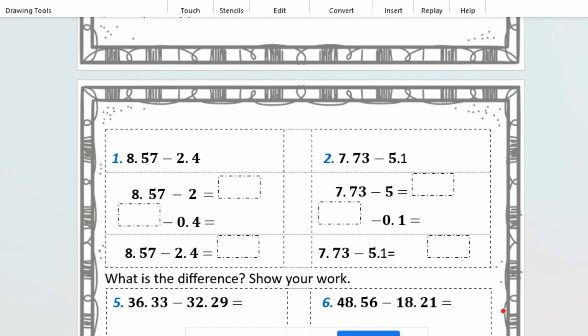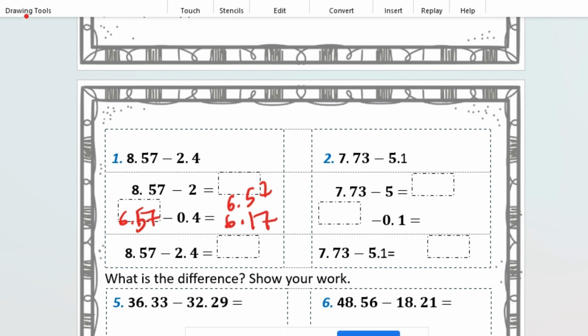So this will be 8.75 minus 2, which will be 6.75. Then 6.75 minus 0.4, which will be 6.35.